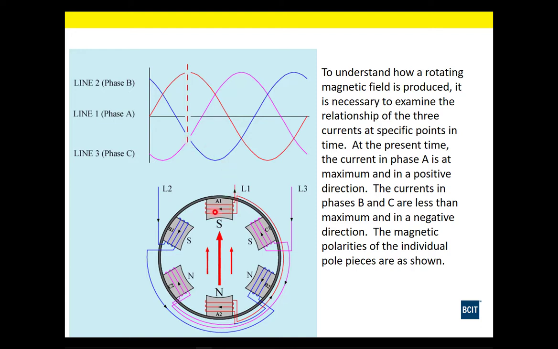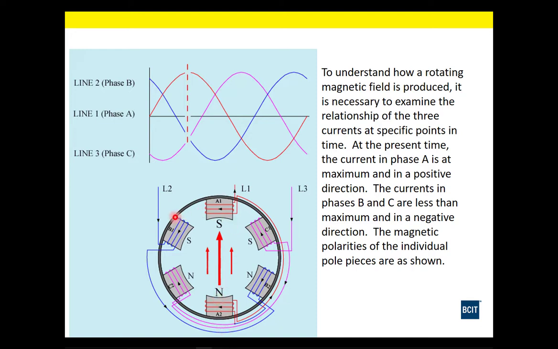If we use our left-hand rule for coils again, the current is going to wrap around in this fashion, following the arrows. We're going to have a north pole at the top and a south pole at the bottom. Following the line all the way through, the current travels around and back up to the top at that point of the sine wave cycle, so we have a north on the top, and south down at this end.